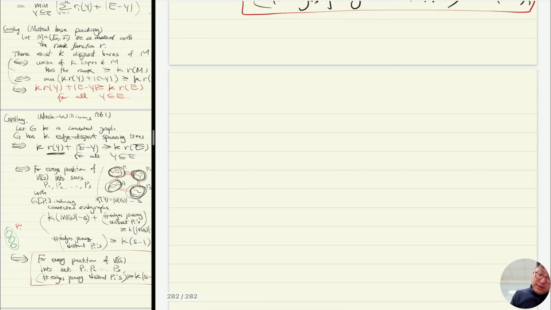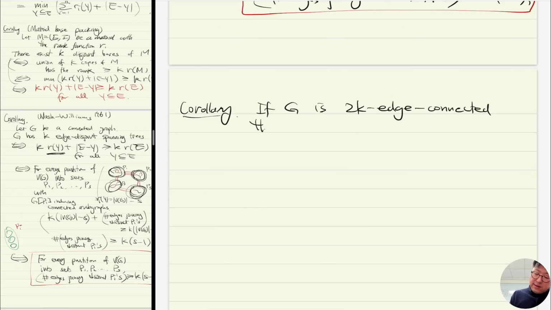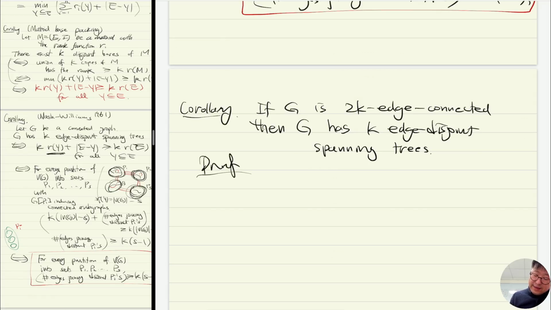Now let me tell you the corollary, which we used in the previous lecture when we proved the Nash-Williams flow theorem. If G is 2k-edge-connected, then G has k edge-disjoint spanning trees. Why? Let's consider this.